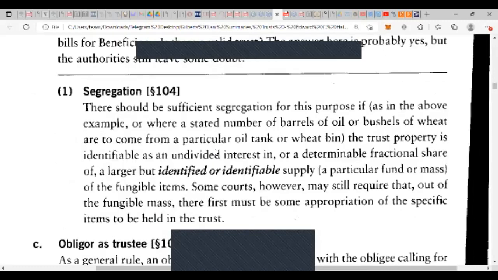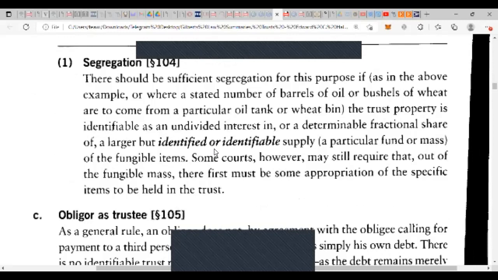Segregation, Section 104. There should be sufficient segregation for this purpose if, as in the above example, a stated number of barrels of oil or bushels of wheat are to come from a particular oil tank or wheat bin.